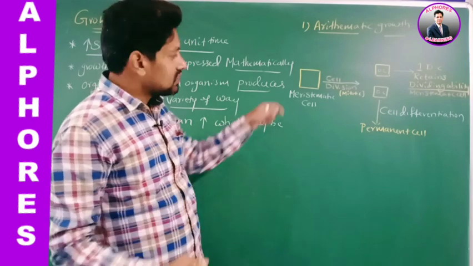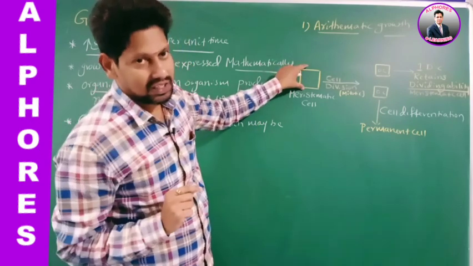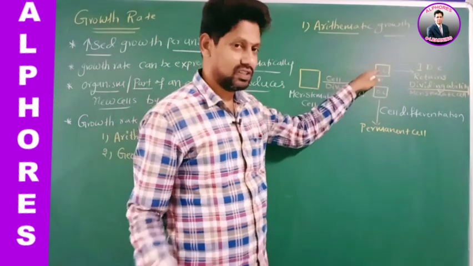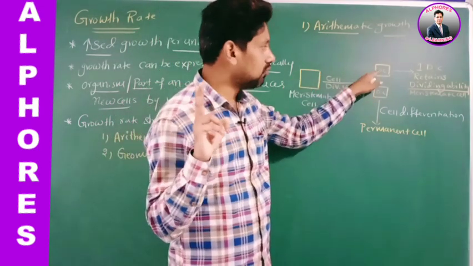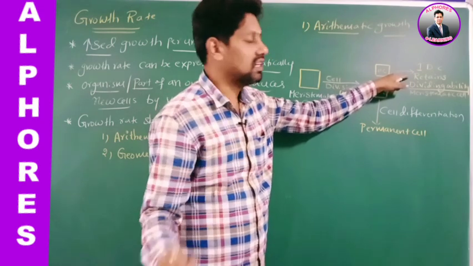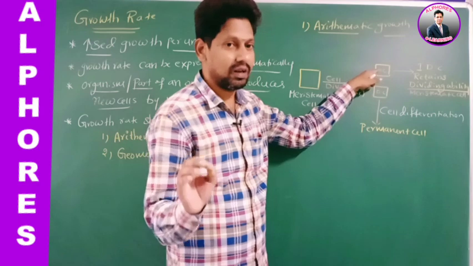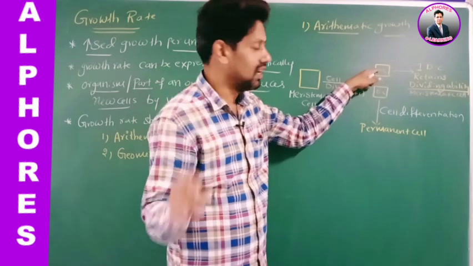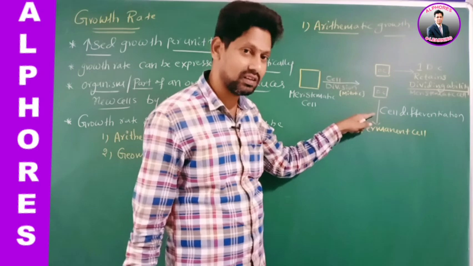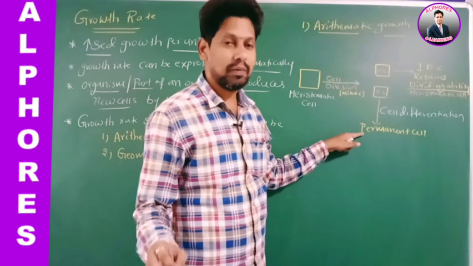I am taking one meristematic cell. It has undergone one mitotic division. How many daughter cells? Two daughter cells. Out of two daughter cells, one retained the dividing ability. It means one daughter cell remains a meristematic cell, whereas the second has undergone cell differentiation and produced a permanent cell.